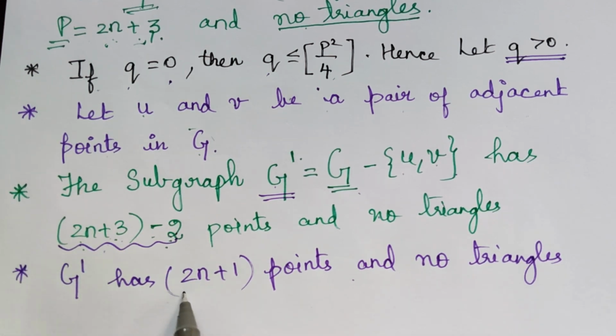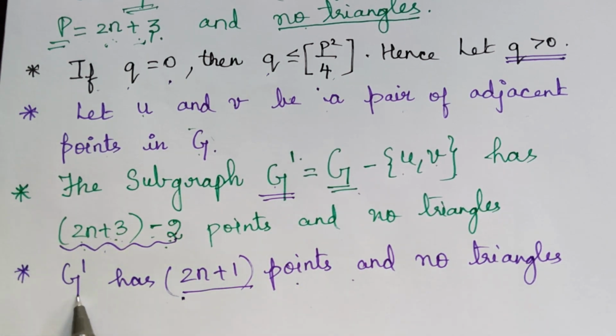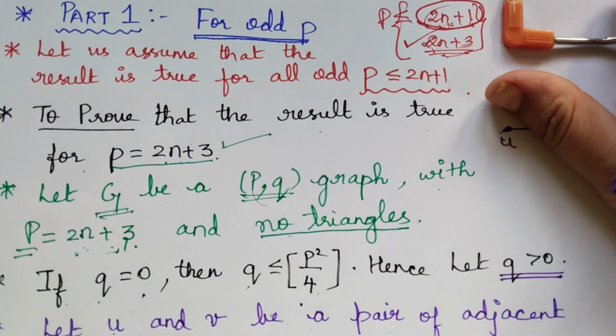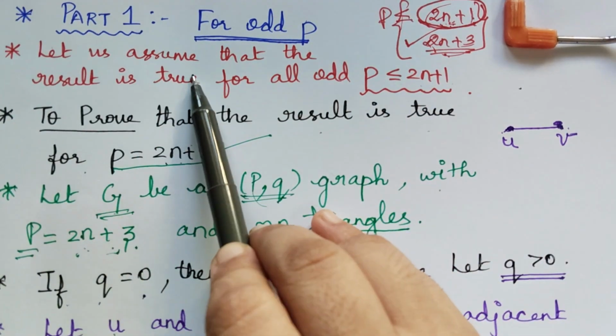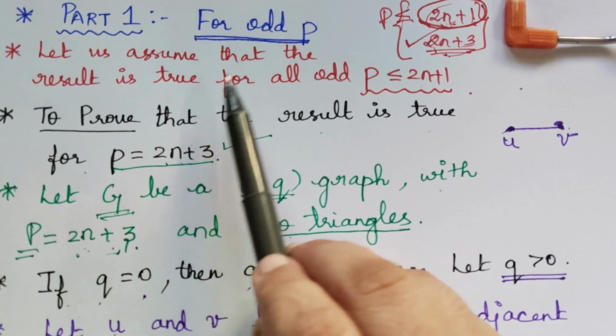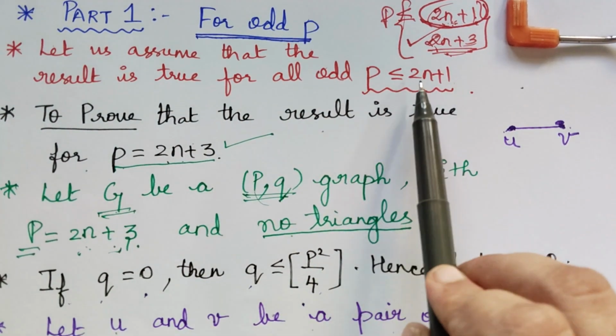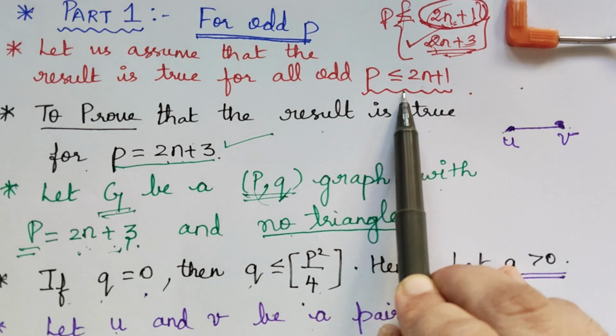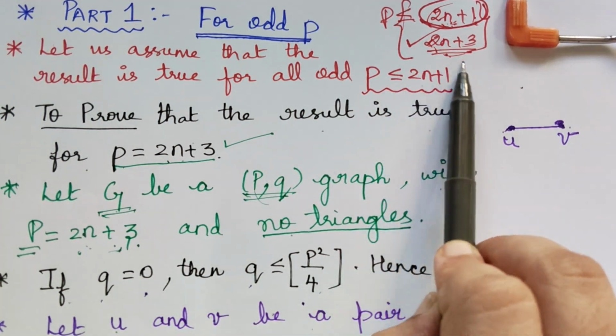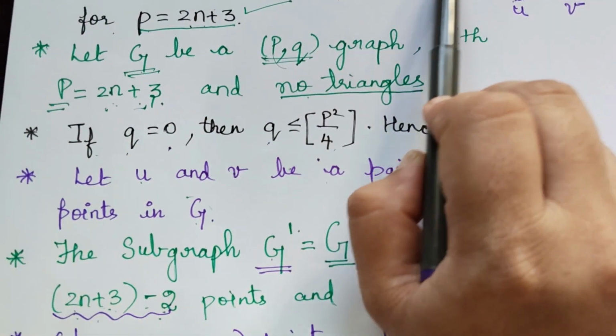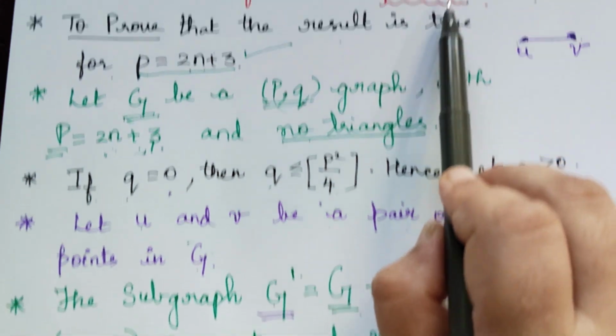We are getting 2n plus 1 points in G dash. But we have already assumed, from our assumption, what do we assume? Let us assume that the result is true for all values of p lesser than or equal to 2n plus 1. So we assume that the result is true for this, which means it will satisfy the given result.